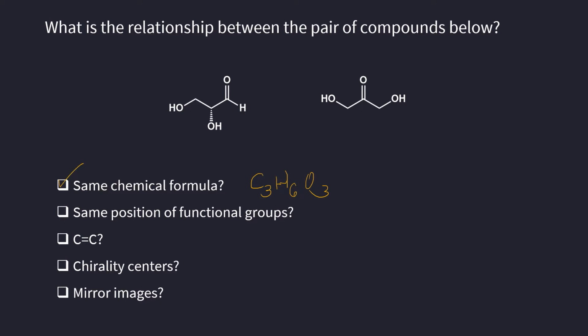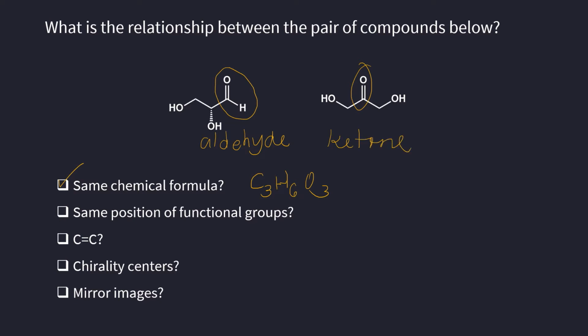Now what is the position of these functional groups? Are they the same? You'll notice this carbonyl group on the left is at the end of the carbon chain and is part of an aldehyde functional group, whereas this carbonyl group on the right is in the middle and is part of a ketone functional group.